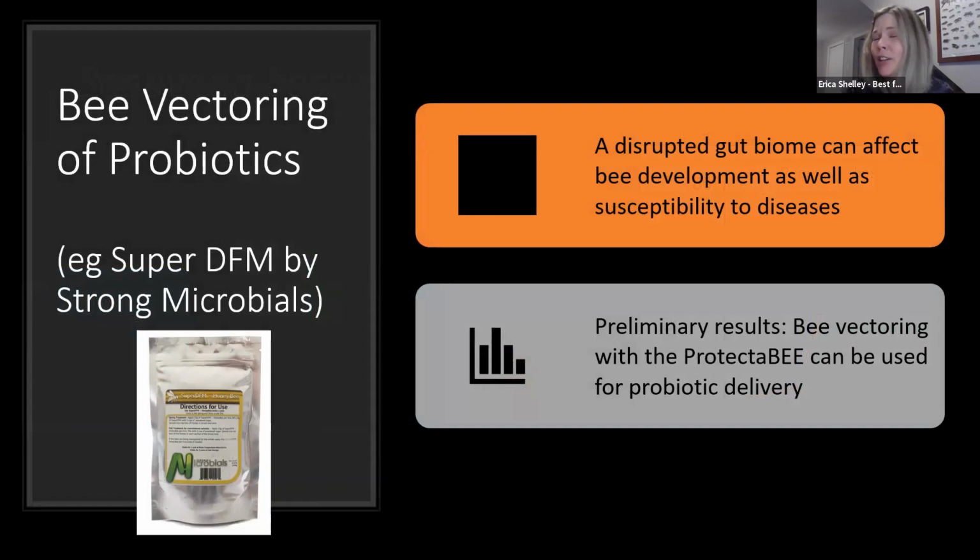Another thing that we were looking at is using bee vectoring for probiotics. So probiotics is relatively new in terms of being used inside hives. And there have been some good studies showing that if you disrupt the gut biome of bees, for example, after you use antibiotics, that can actually affect their mortality as well as their development and susceptibility to diseases.